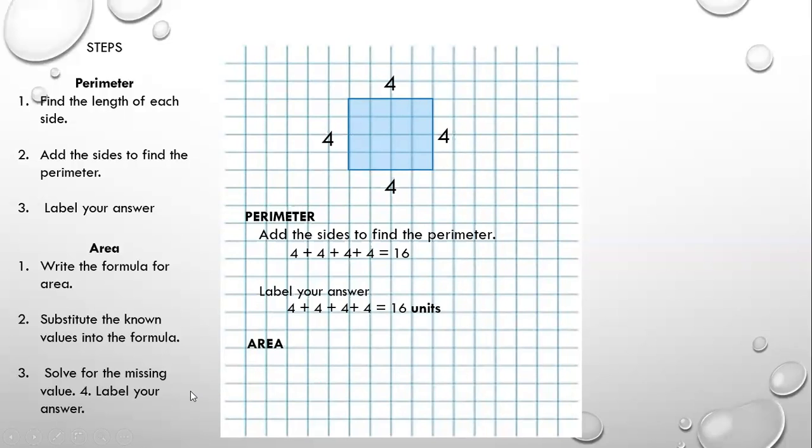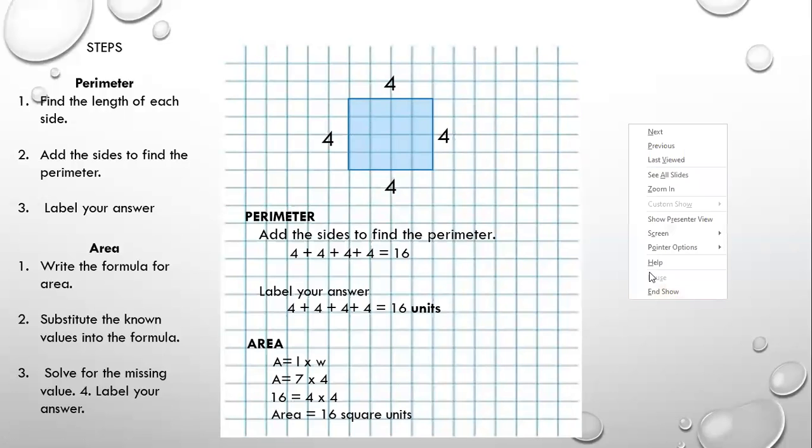To find the area, we write our formula. Area is equal to length times width. We substitute. This should be area is equal to 4 times 4. Okay, and we know that area, which is 4 times 4, is going to be equal to 16. So area is equal to 16 square units.